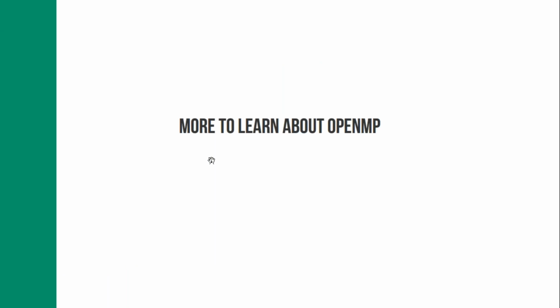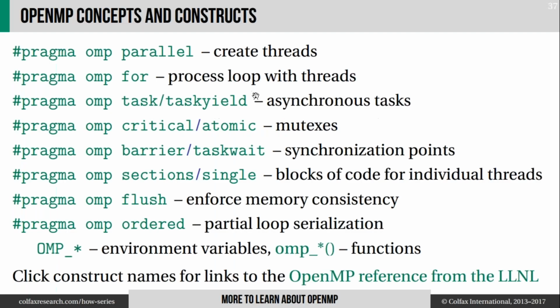We talked about OpenMP and studied the key concepts and constructs in OpenMP. And you can definitely learn more from the OpenMP specification. The OpenMP specification is a long and extensive PDF document that you can download, explaining how OpenMP constructs should work.